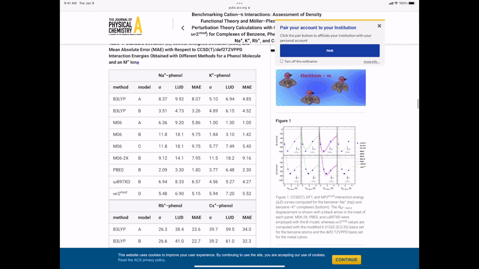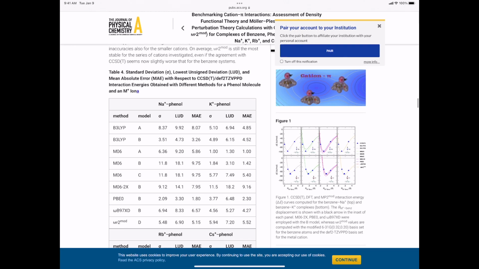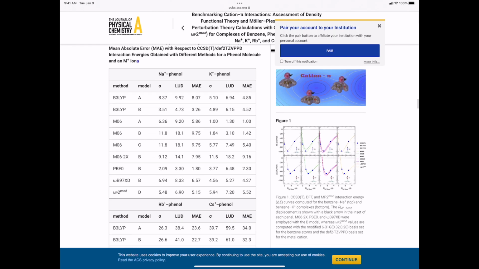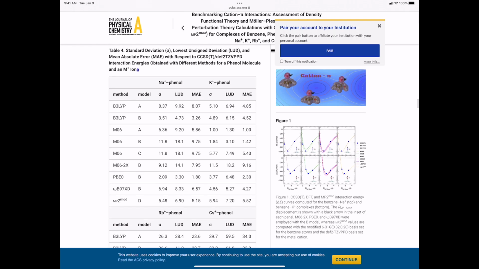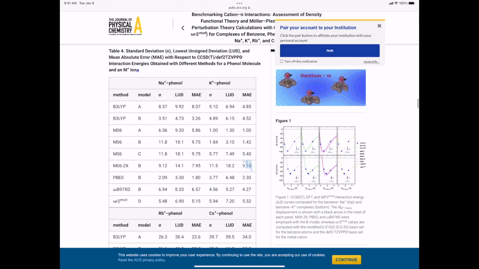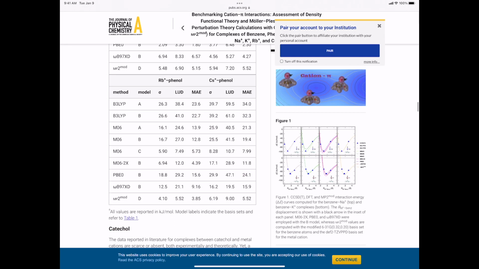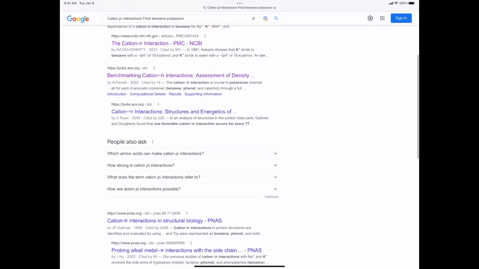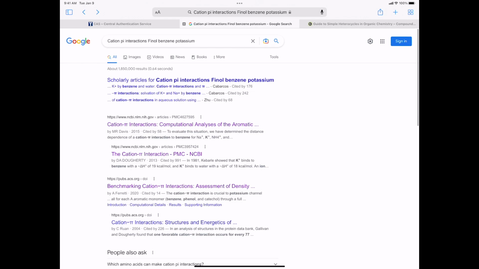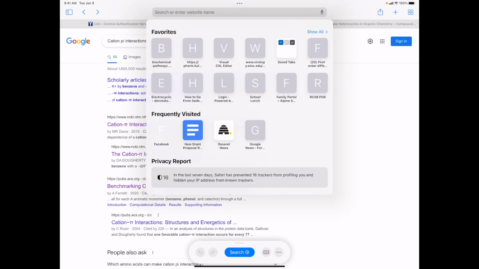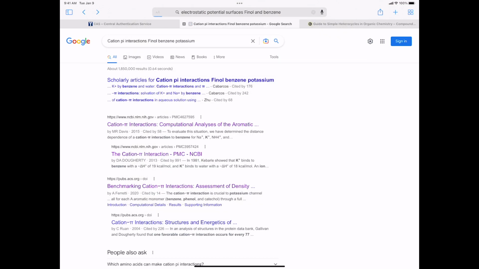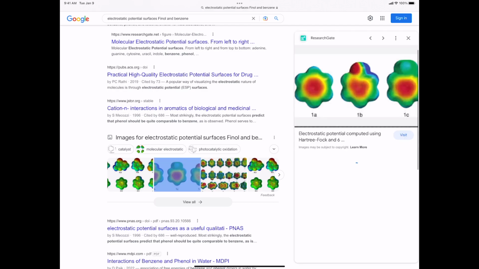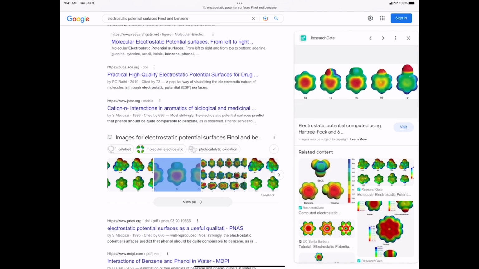Lowest unsigned deviation, mean absolute error. Oh, well, I want to know what the actual numbers are. The bottom line is electrostatic potential surfaces, phenol and benzene. That'll work.